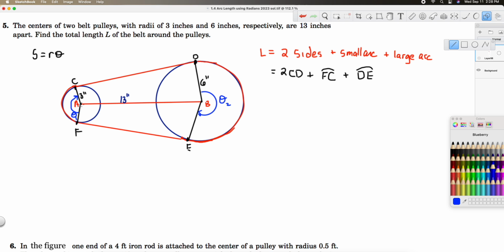If I go from the center A, off of my 3-inch radius, and I make a parallel line, and I go all the way to the radius of the larger pulley, we know this radius right here is perpendicular to this side, because that's what a tangent does. Same with this. So we know that we have a rectangle here.